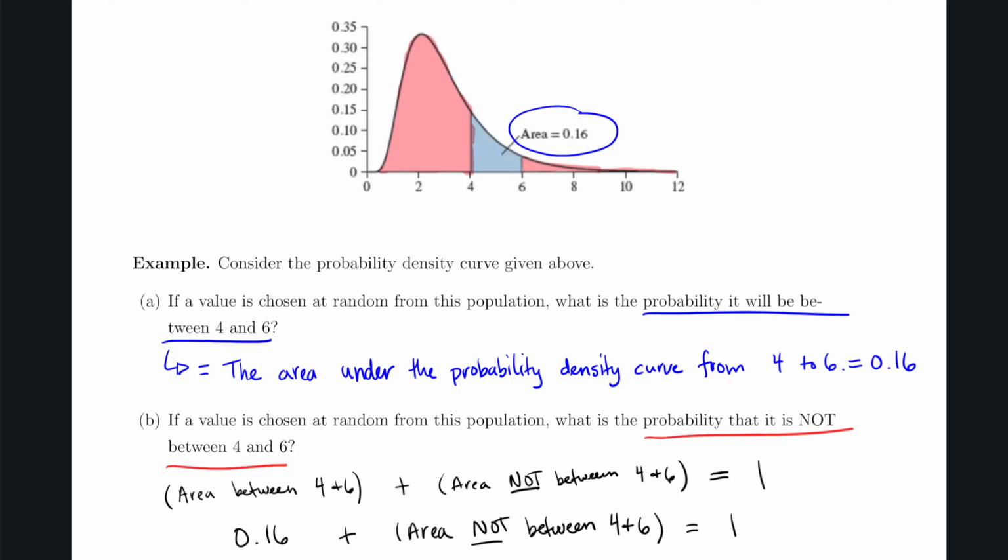We get the equation 0.16 plus unknown equals 1. Subtract 0.16 from both sides, and we get that the area of the curve not between 4 and 6 accounts for 0.84. We know the area is equivalent to the probability that if you randomly select an item from the entire group, the probability that it was not between 4 and 6 would be 0.84.